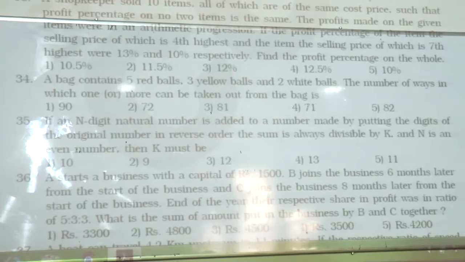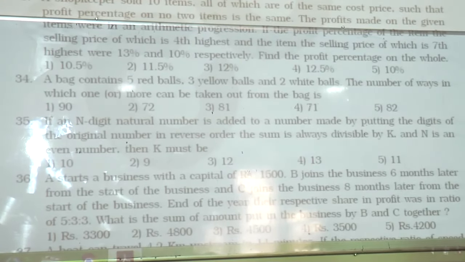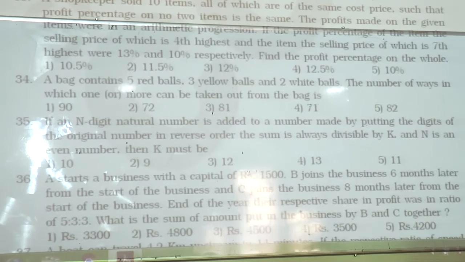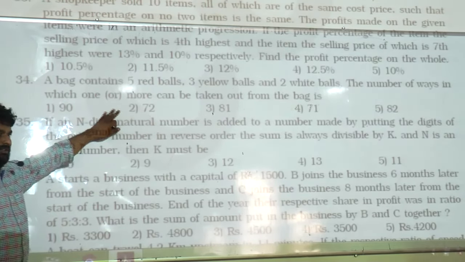34. A bag contains 5 red balls, 3 yellow balls and then 2 white balls. The number of ways in which one or more... Actually, here we will frame 2 questions, write them down. It should have one more piece of information.